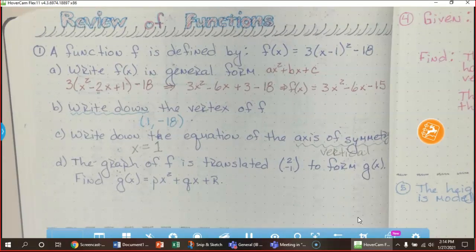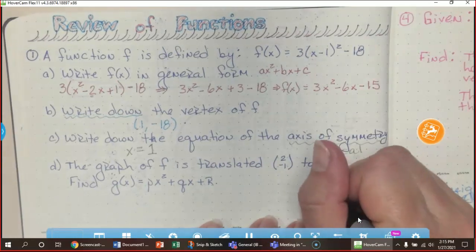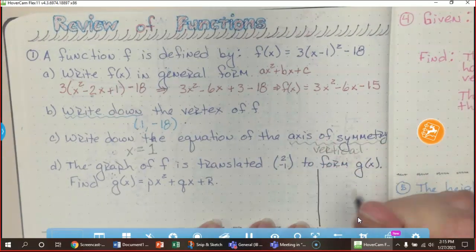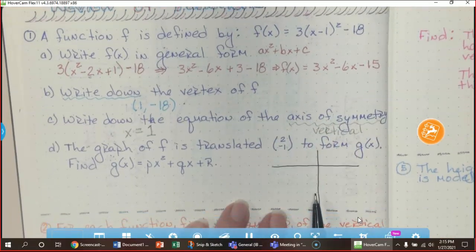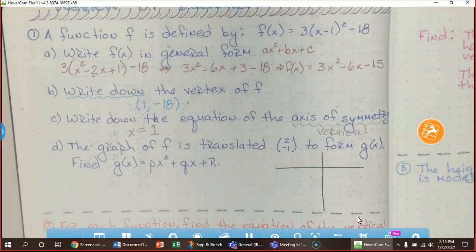So here's what I've got. You may have a brain that works beautifully and you know how to do this. I don't. So what I'm going to do is start off with what I know. I know, is this a happy parabola or a sad parabola?